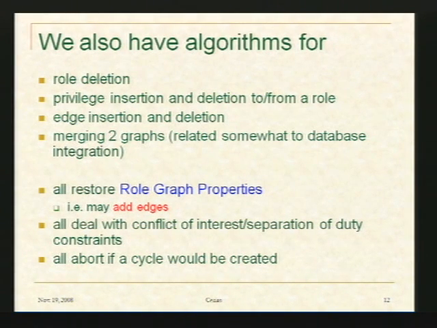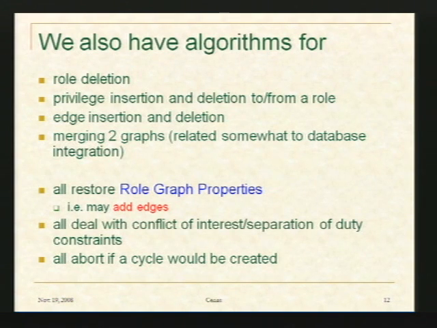So we have other algorithms, insertion and deletion of a privilege to or from a role, adding and deleting edges. I also did a little piece of work on merging 2 role graphs, so vaguely related to database integration. So suppose you're integrating 2 databases and you have their access control information represented by role graphs, then you can merge the two role graphs when you merge the two databases.